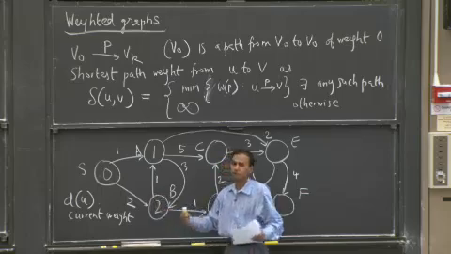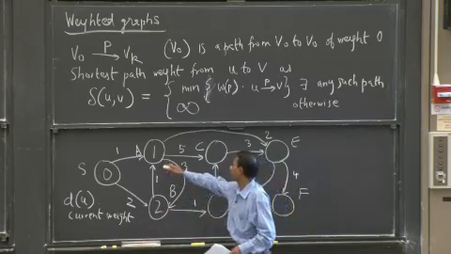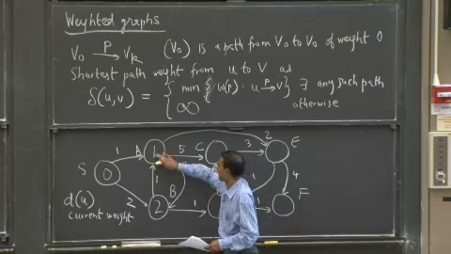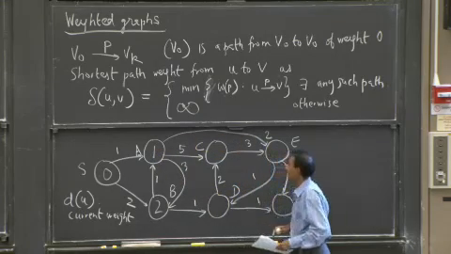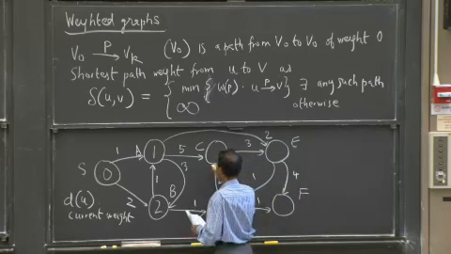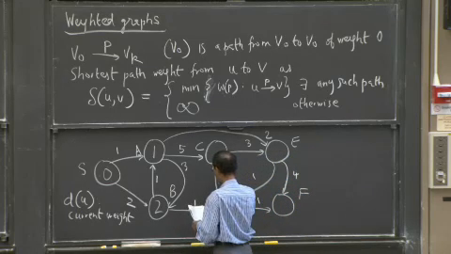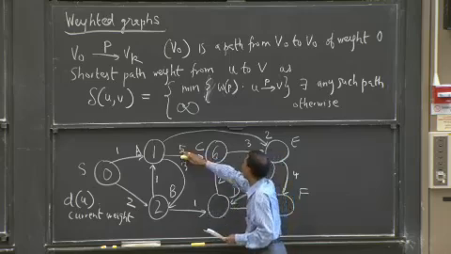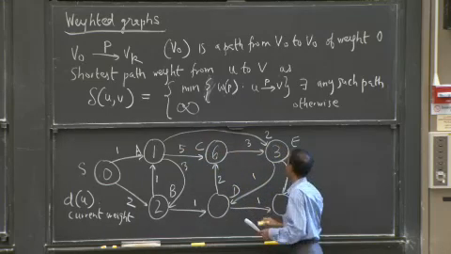Now I could arbitrarily pick this 1 here, this A vertex, and then start looking at the edges that emanate from the A vertex. And I could go off and mark this as 6, for example. And if I start from here, I'd mark this as 3.